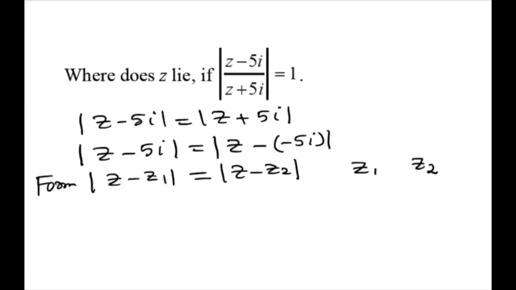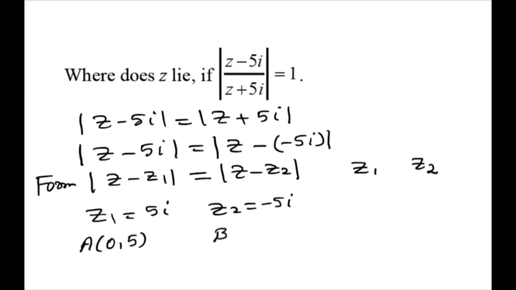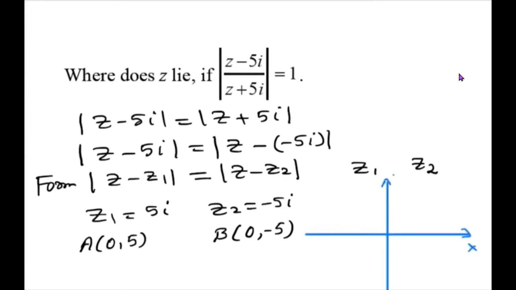So here z1 is 5i, and on comparing, z2 is minus 5i. Corresponding to this complex number, we have a point (0, 5). Real part is 0, imaginary part is 5. And z2 represents the point (0, minus 5). These 2 points lie on the y-axis.